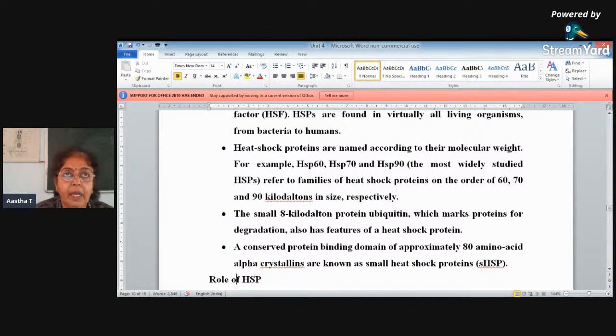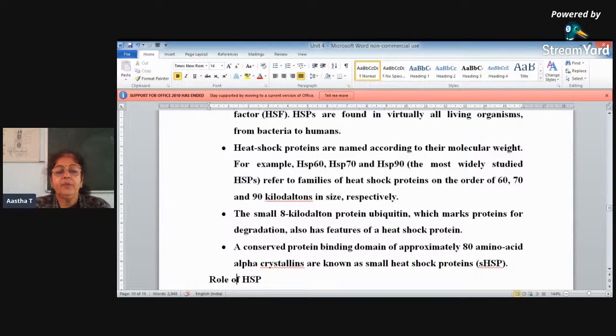So it's a very small 8 kilo Dalton protein, and some of the properties of this ubiquitin resemble the properties of heat shock protein. म्हणून आपण ubiquitinला सुद्धा heat shock protein मध्ये कन्सिडर करू शकतो. आणि ubiquitin is the main protein involved in tagging the proteins which are to be degraded, the proteins which are of no use, like incomplete proteins or proteins which are not biologically sound. These proteins need to be degraded and they are tagged by ubiquitin. This protein also shows heat shock like properties.